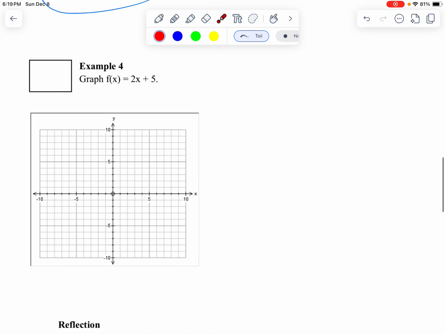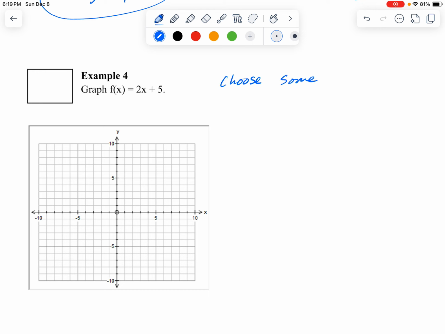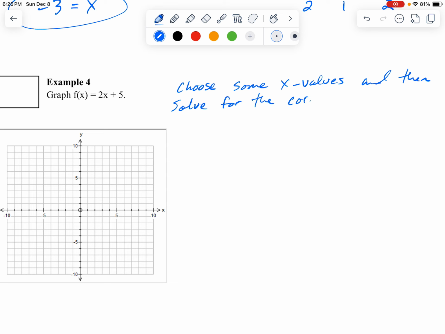Final example, we are going to graph this function. So it says f of x is equal to 2x plus 5. So when we have this, we just need to choose some x values, and then solve for the corresponding y value.